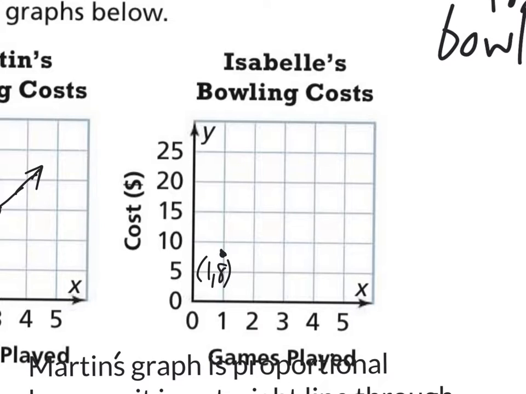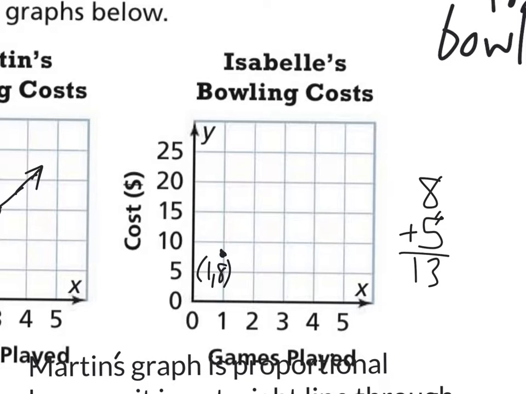If she plays a second game, she already paid for her shoes. Okay, don't pay for your shoes twice if you go bowling. The second game is just going to be another $5. So we had $8. We're going to add on another $5. And that would be $13 total.